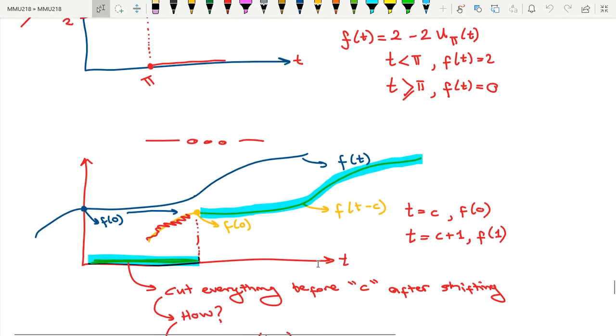And let's say I have a general function f of t like this, and I'm going to try to cut this function, or let's first shift it by c. I'm going to shift this whole function f of t by a value of c to the right hand side.